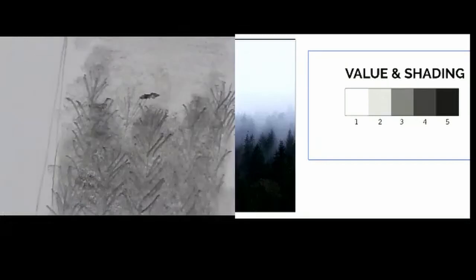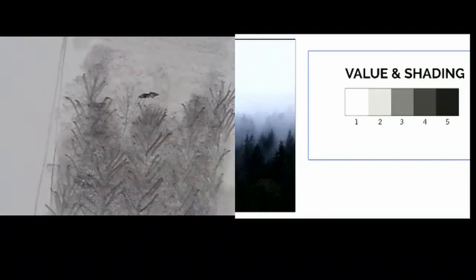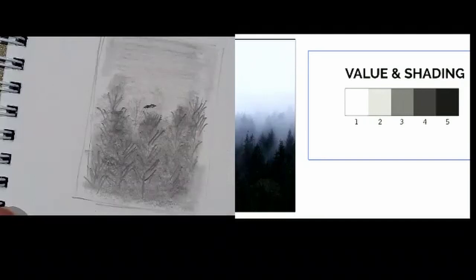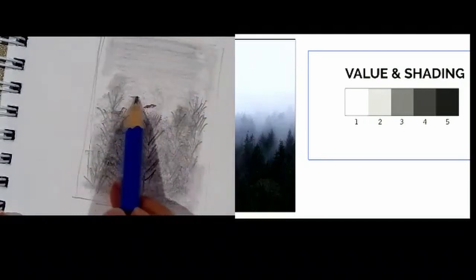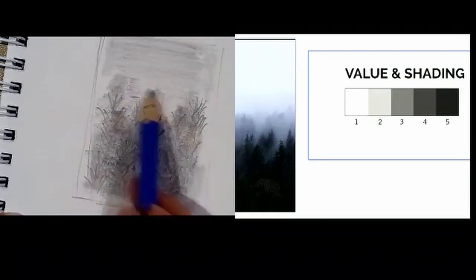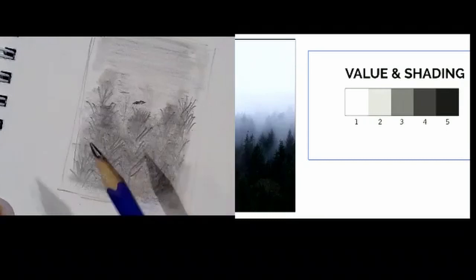All right, so what I've done, you saw I started because I was just using the one pencil. We started with the layer at the top, and then I moved down, and you've got this kind of ghostly layer in the middle here, and then the darker layer at the bottom.